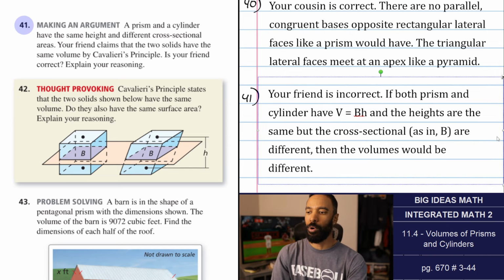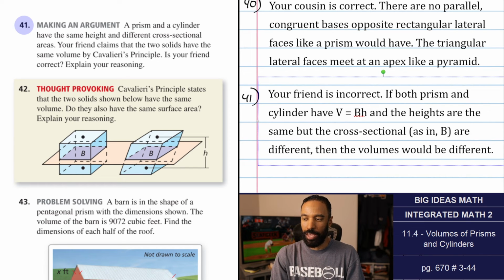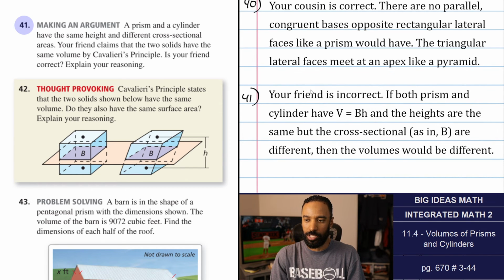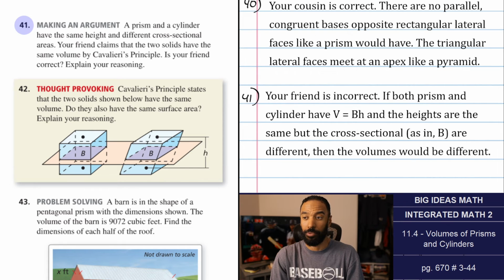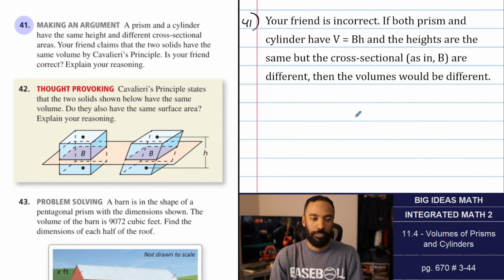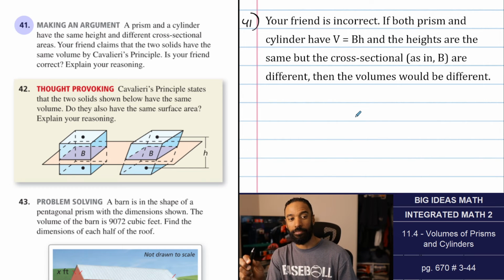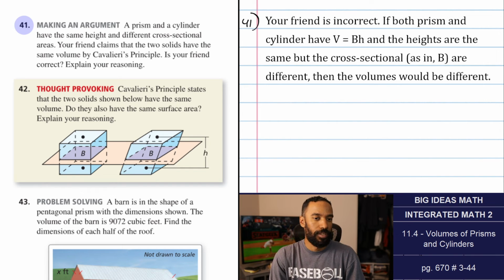Now, they won't be shaped the same, but if the areas of the bases and cross-sectional areas were the same, you would get the same volume. That's what Cavalieri's principle was actually bringing up. They have different base areas here, so no. If they had different heights, it's possible.